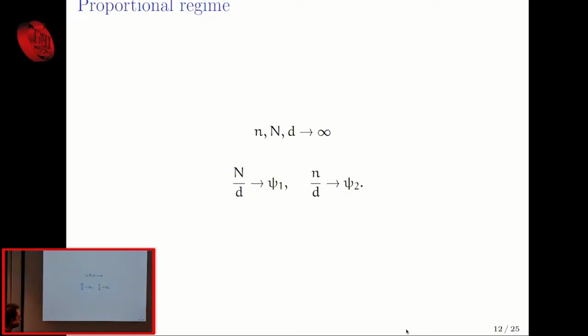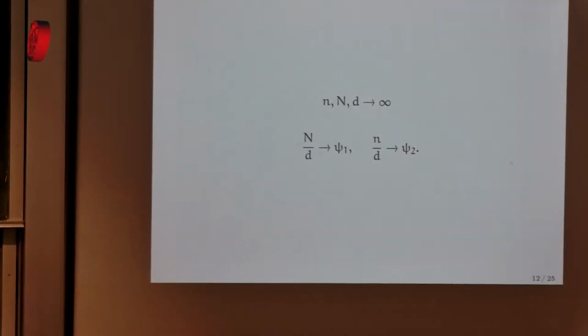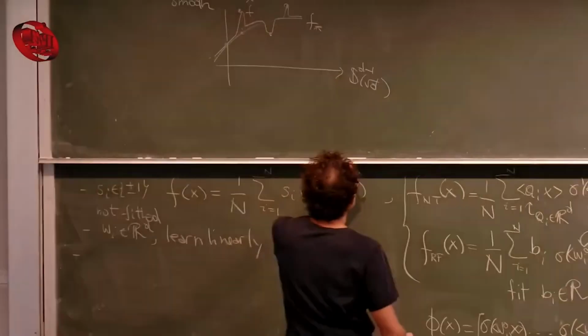This is one case in which I want to bring up this model. We analyze precisely the limit where capital N over d goes to a constant, and n over d goes to a constant. So we zoomed out, we zoomed in.